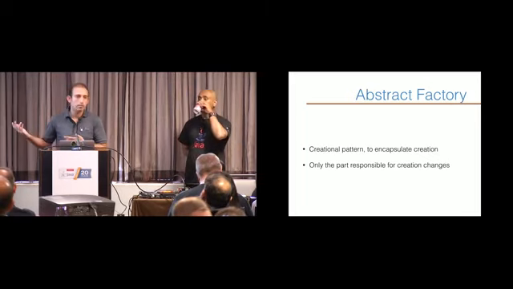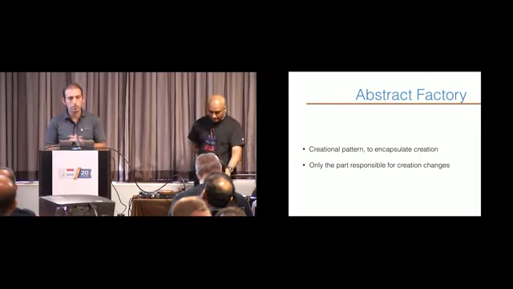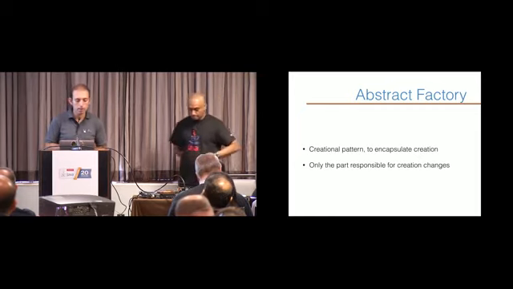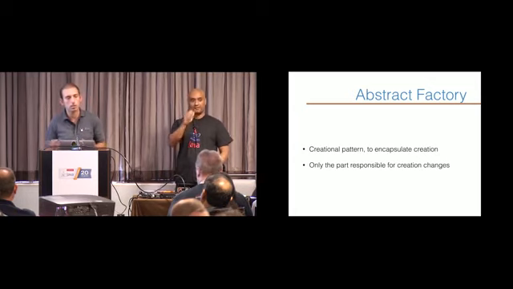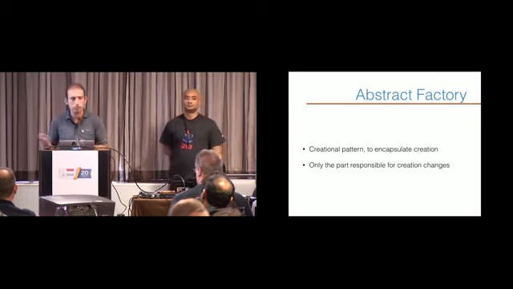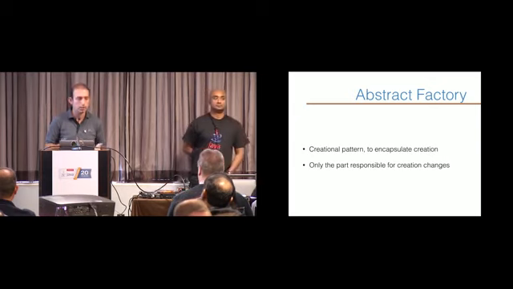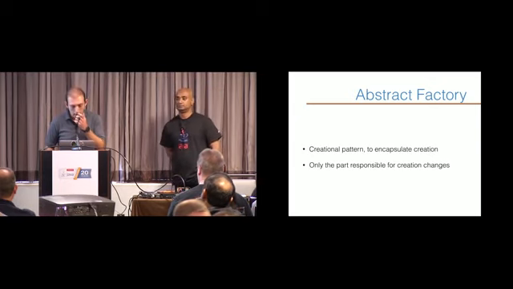It's usually very good because it will encapsulate all the parts which are subject to change, so you don't need to change all your code and classes when a part of the creation system has changed.